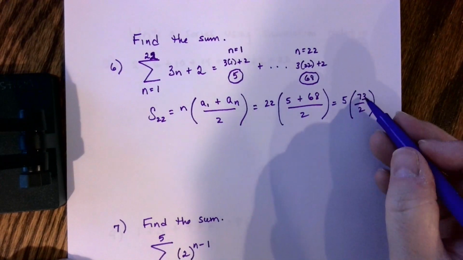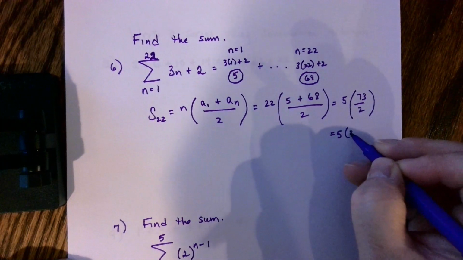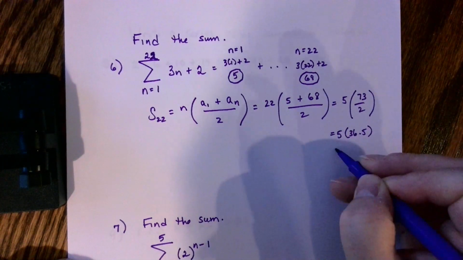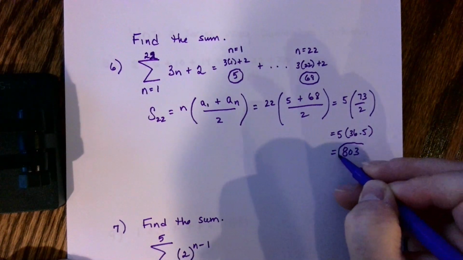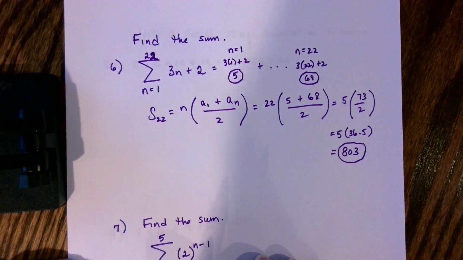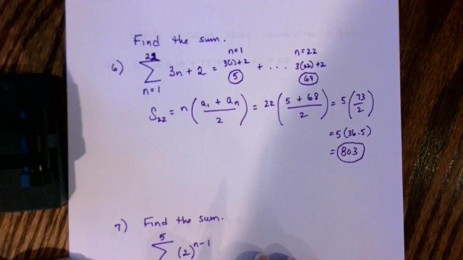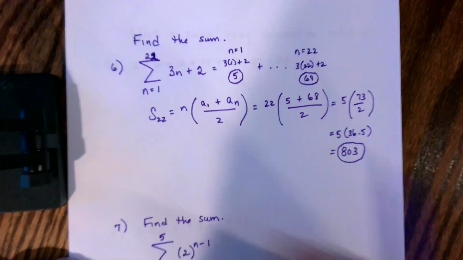Now, of course, 73 divided by 2 is 36.5, so I end up with 22 times 36.5, which gives me a sum of 803. Once again, you can choose either way you want to do the problem. It's much easier using the formula here because we needed to find so many terms.